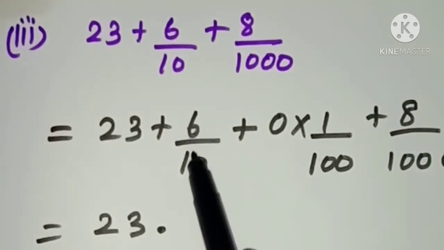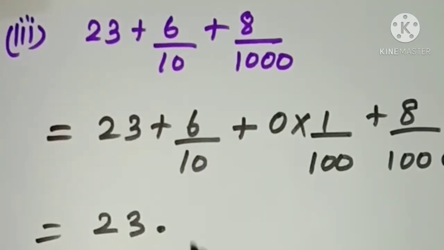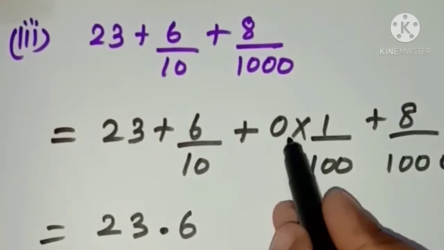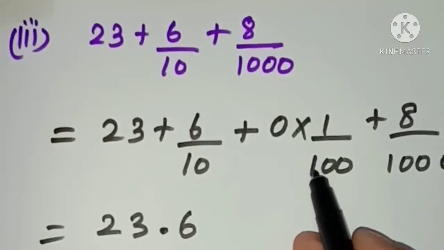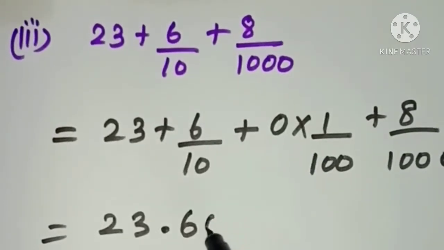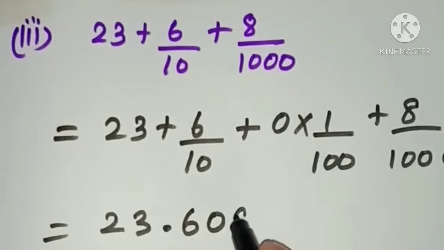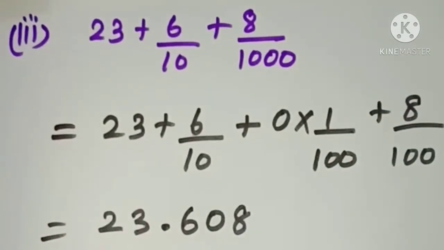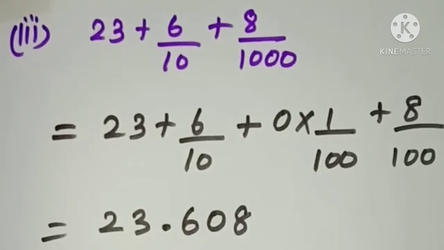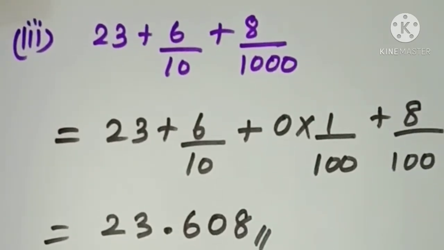Which number is in the 10th place? 6. Since the 100th place is not there, it is taken as 0. And what is the digit in the 1000th place? That is 8. So 23.608 is the required decimal form of the given fraction.